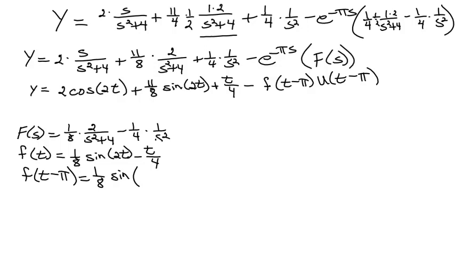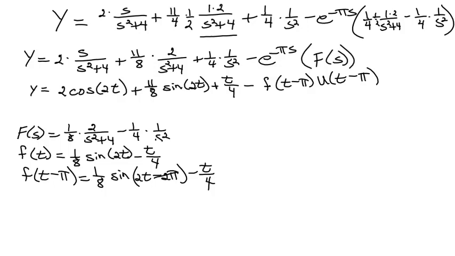Well, 2 times the quantity t minus pi is going to give me 2t minus 2 pi. And from your knowledge of trig, I hope you remember that subtracting or adding 2 pi or integer multiples of 2 pi gives me the same thing as not subtracting the 2 pi. So basically, that's going to drop out and just leave me sine 2t times 1/8.